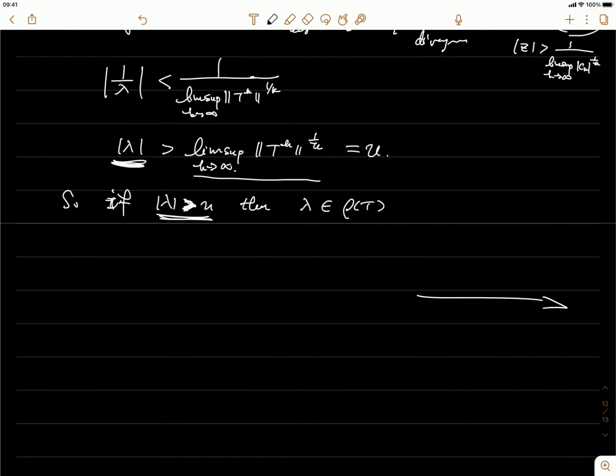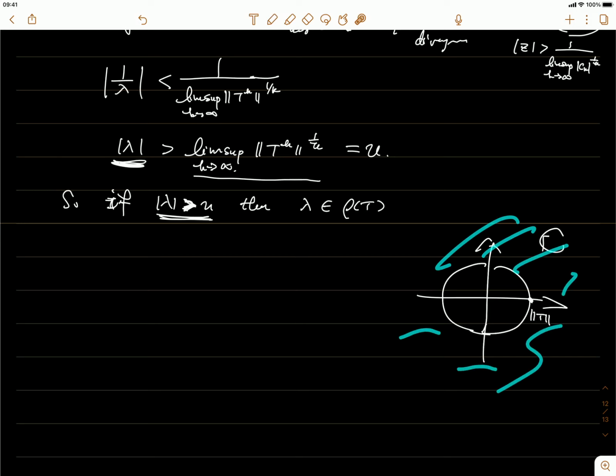Okay, so now, previously what we showed is that outside of the disc with radius the norm of T, it has to be in the resolvent set. Now we make this even smaller because we get an even tighter estimate. This is actually tighter, you can show that. And this radius is the u.